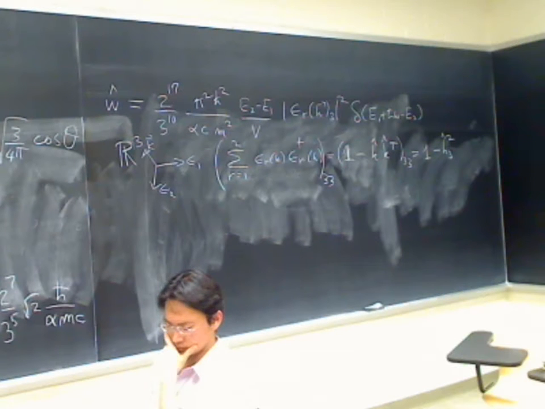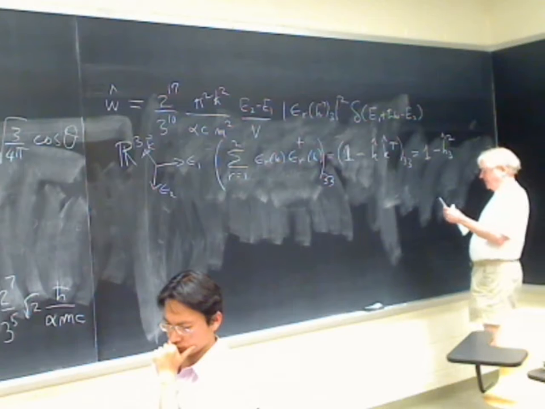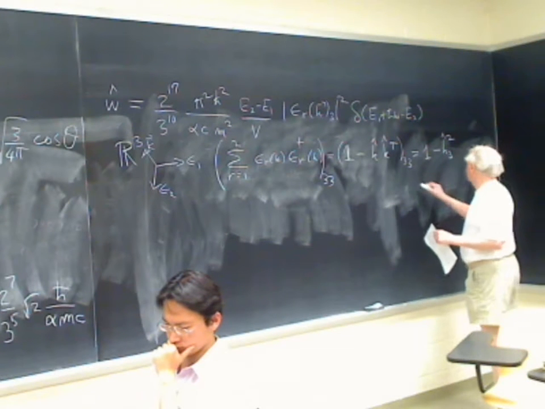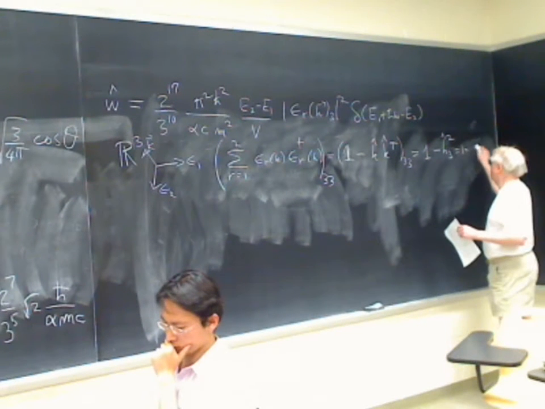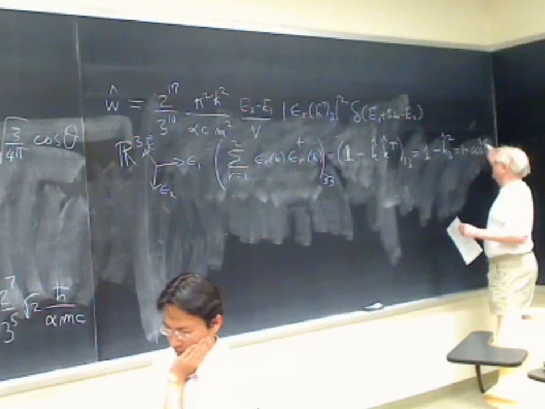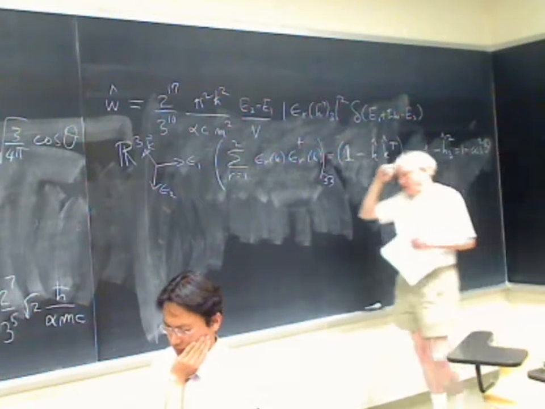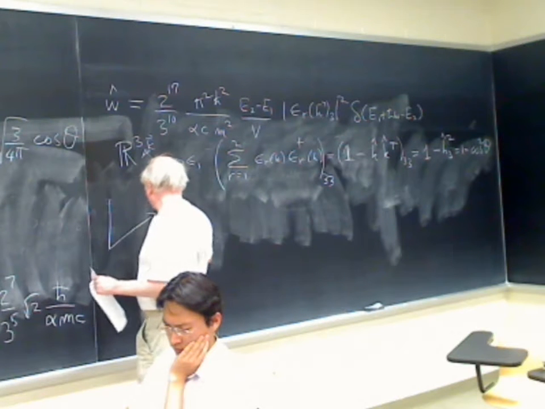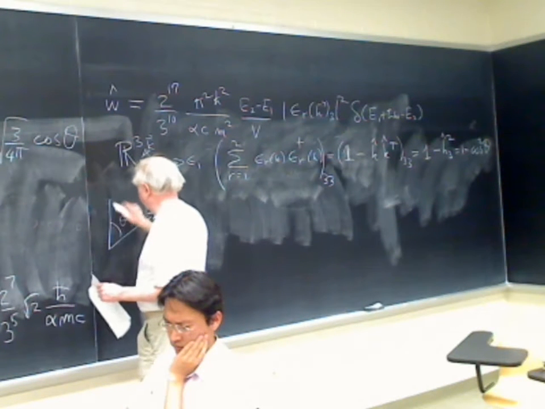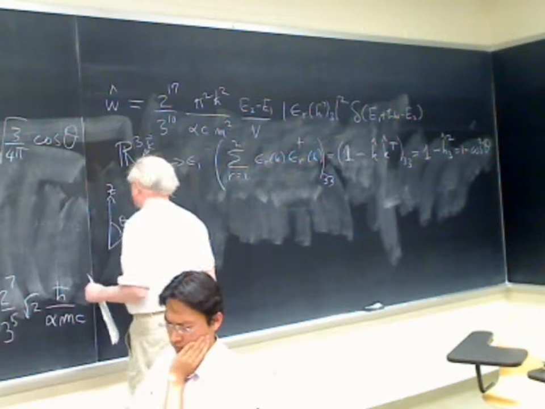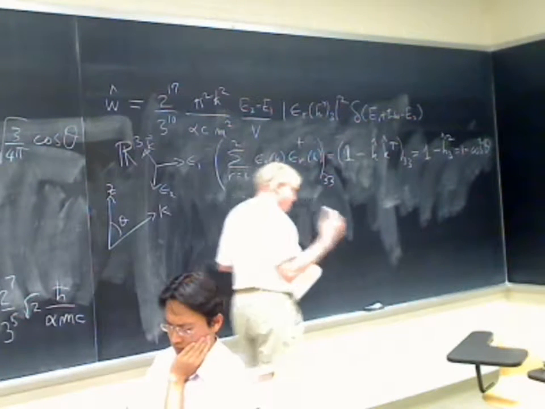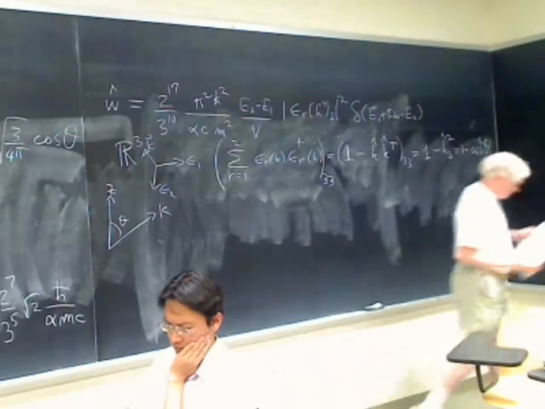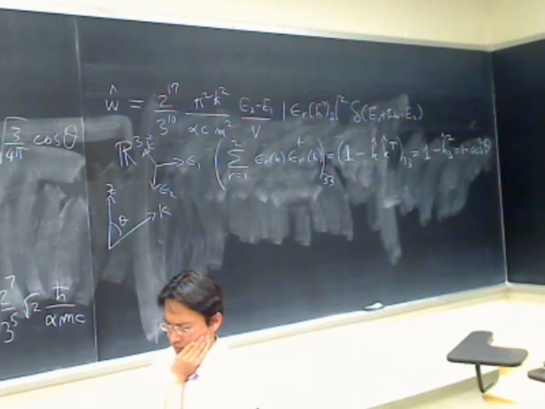And so this photon is coming out at some arbitrary angle, and this then is 1 minus cosine squared of theta, where theta is the angle of the final state photon relative to the z-axis, about which the initial state atom has m equals 0.